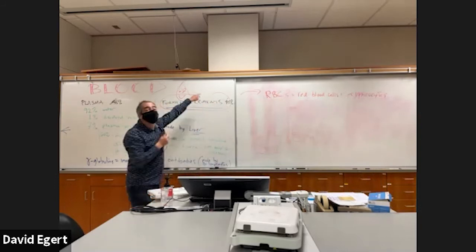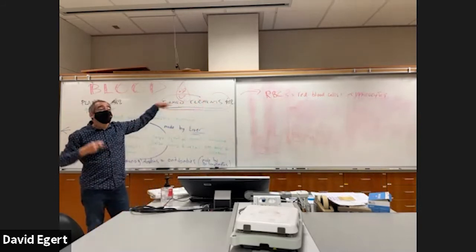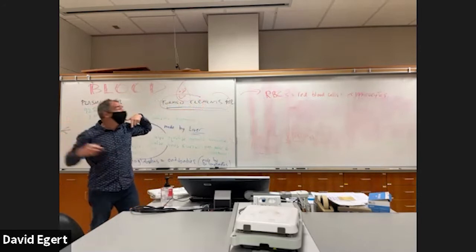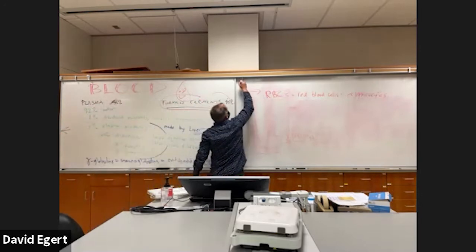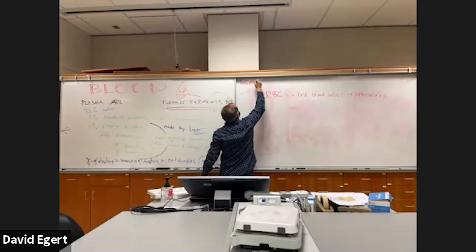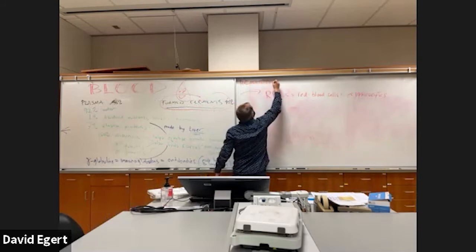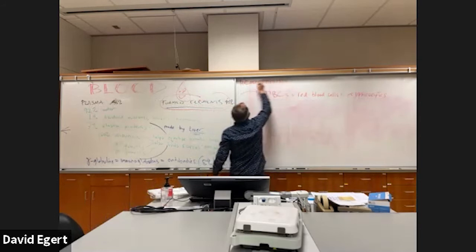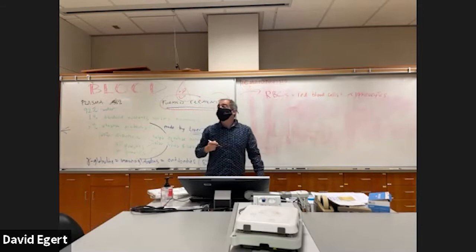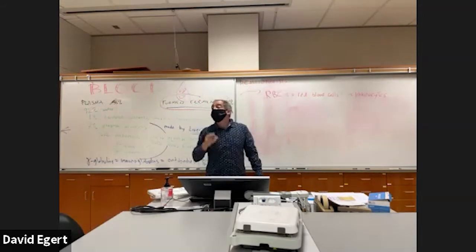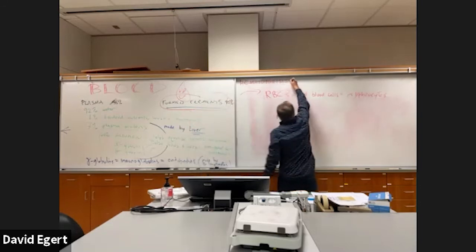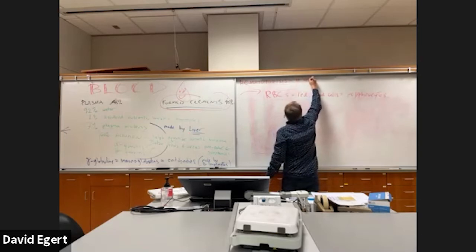All the blood cells are made by red bone marrow. You should know this word, hematopoiesis. This is the formation of blood. Hematopoietic tissue is the tissue in your body that can make blood cells. Hematopoiesis happens in red marrow.